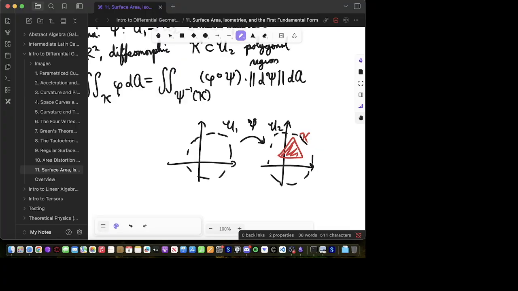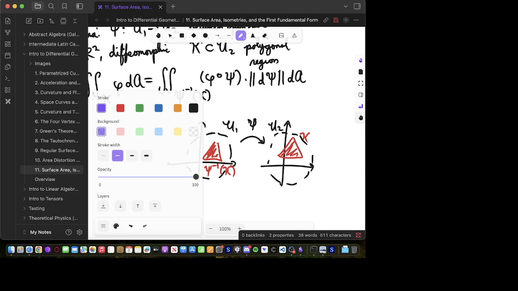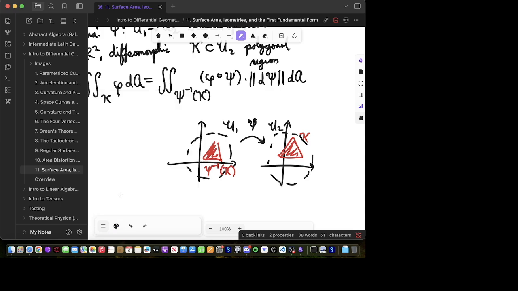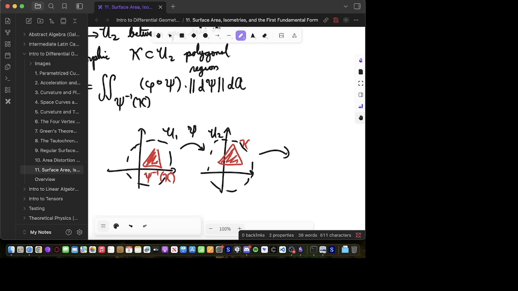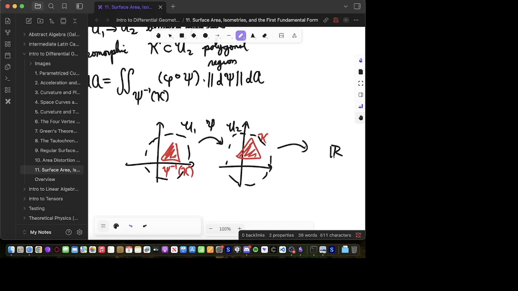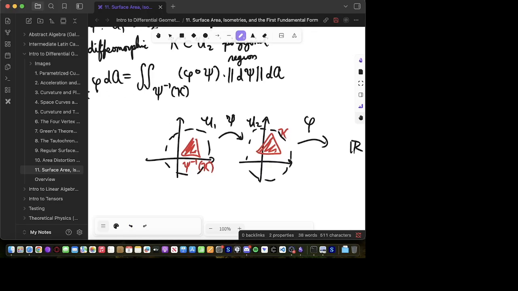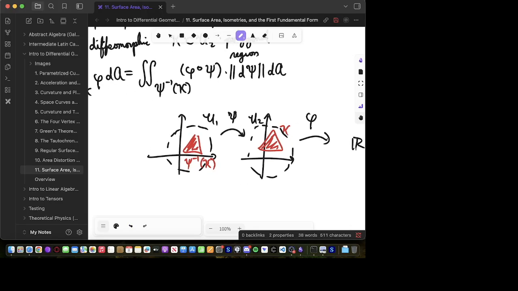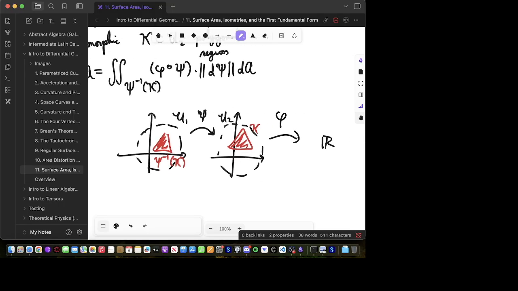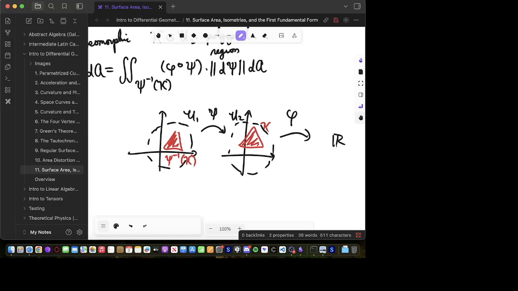If we consider the inverse image, this is psi negative 1 of K, the integral of a function phi, which takes a point in K and assigns to it a real value.